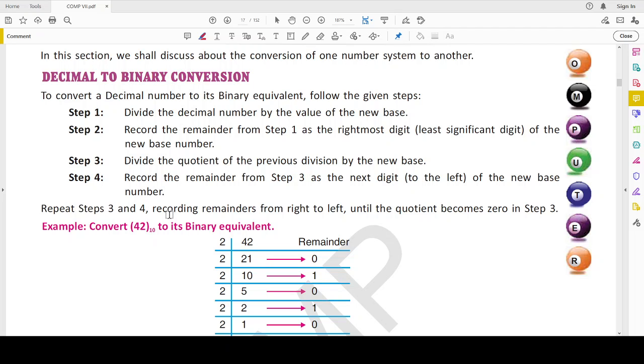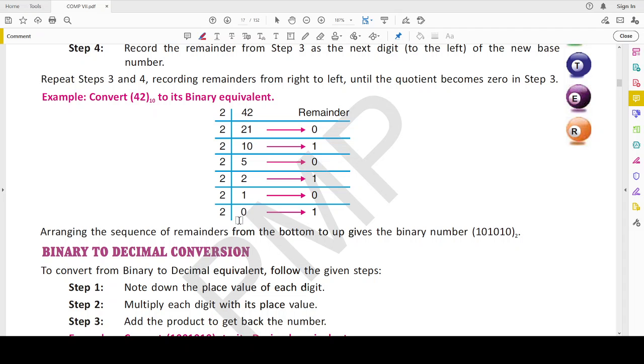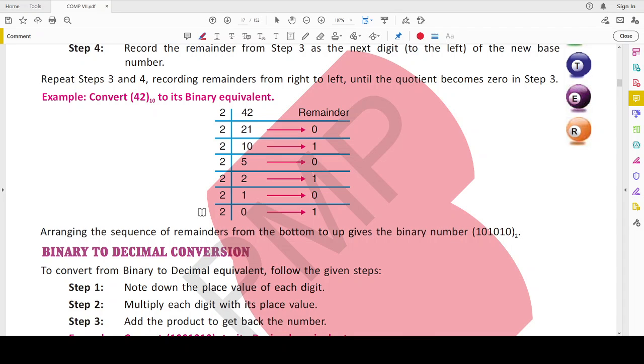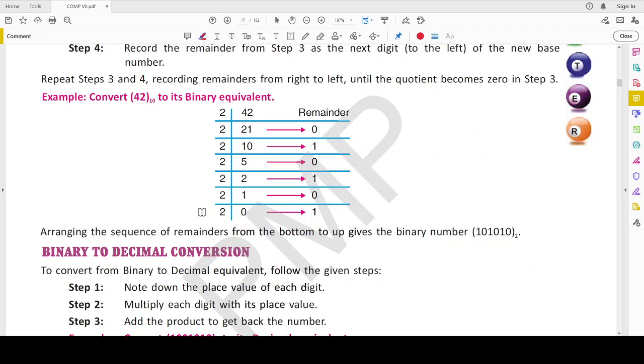Repeat steps 3 and 4, recording remainders from right to left until the quotient becomes 0 in step 3. See, the quotient is 0. Where is the quotient written? Quotient is written over here and remainder is written over here.